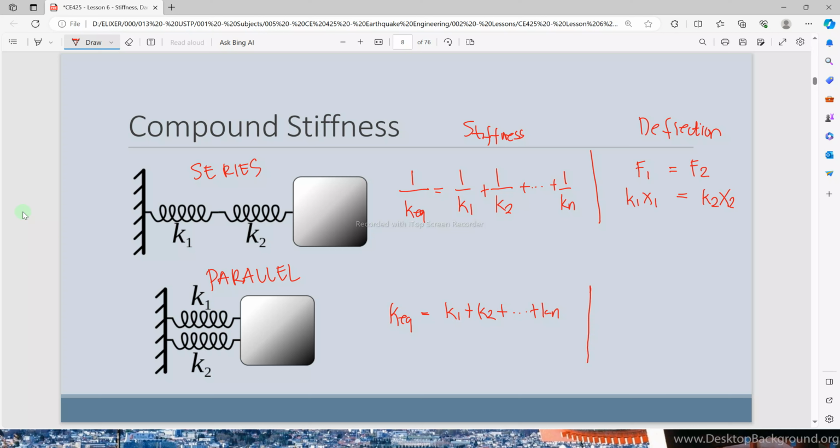So here no, atong gigamit nga symbol ni displacement as x. Actually, pwede po na K1 delta 1, K2 delta 2. Or kung sa atong previous nga solved nga equations, we have the K1 and then we have the U1 is equal to K2 and U2. So mao ni siya ang relationship with deflections on a series nga springs.